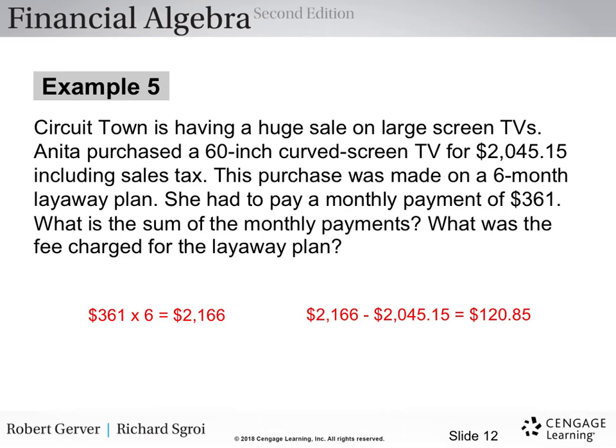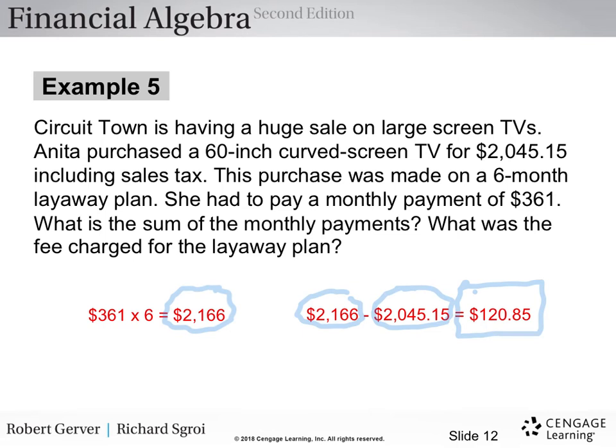Because of the monthly payments, she actually ended up paying $2,166, and the original price was $2,045.15. So the cost of the layaway plan was $120.85. This is how much she had to pay for the convenience of the layaway plan.